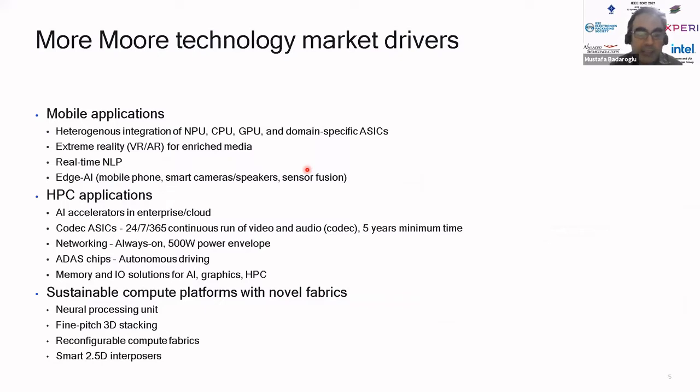So that's basically enormous heterogeneous computing happening here to be able to reduce the power and also improve the performance concurrently. And then the VR/AR application, we call it extreme reality for enriched media, and more and more very advanced natural language processing, real time, and multiple edge AI applications from mobile phones to smart cameras and other types of sensor fusion application.